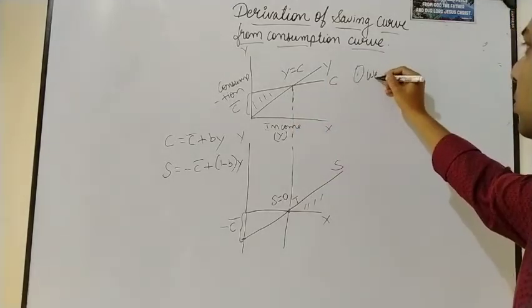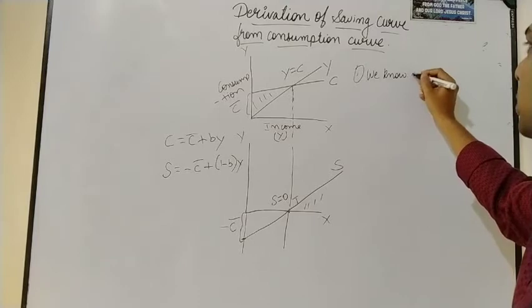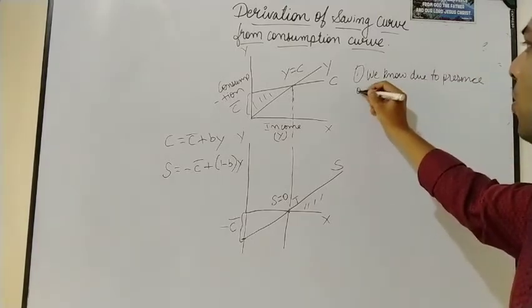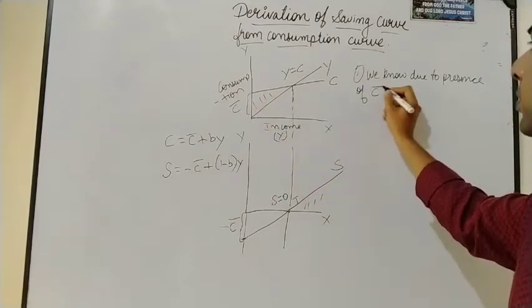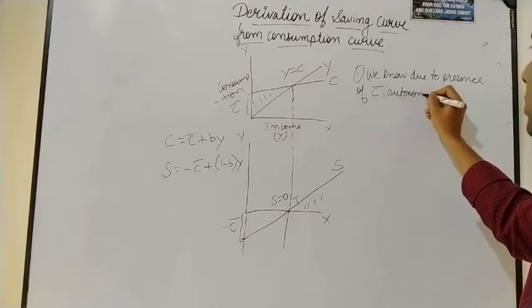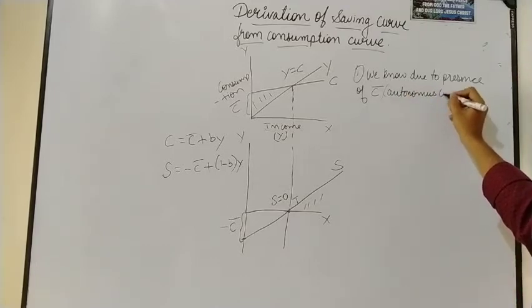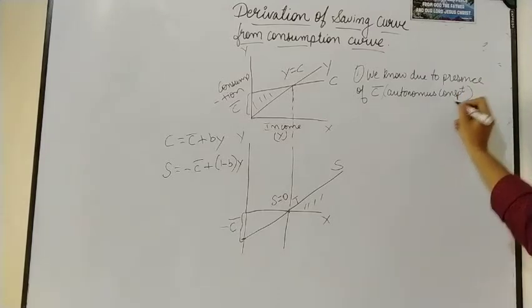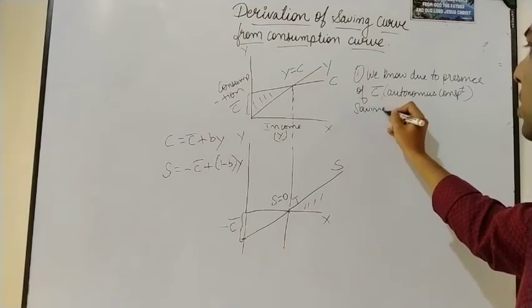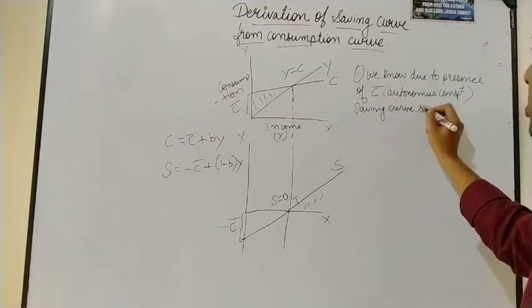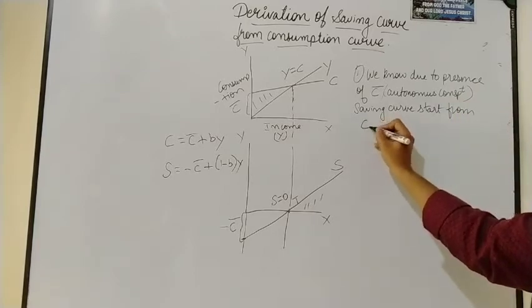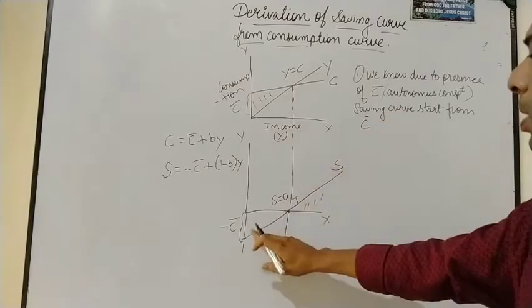We know, due to presence of C bar, that is autonomous consumption, the saving curve starts from minus C bar.